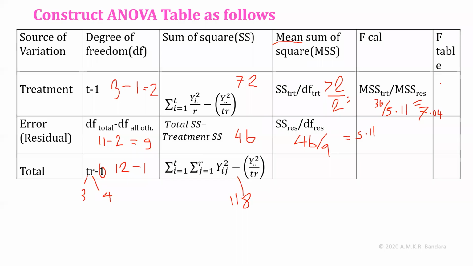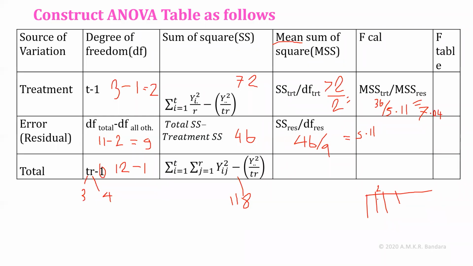Now you need to compare this value with the F table value. From the F table, you know we have columns and rows. In the column, you find the degree of freedom related to the numerator. In the numerator we have the treatment mean sums of square, so the degree of freedom related to treatment is 2. So in the column you find the 2.